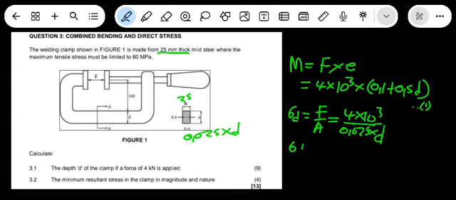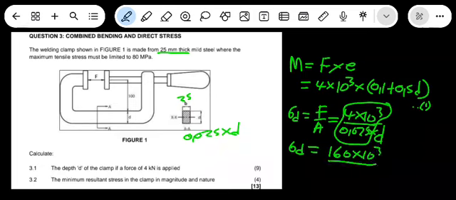Let me simplify this further. If I punch this on my calculator, the direct stress will be something like 160 times 10 to the power of 3 divided by d.